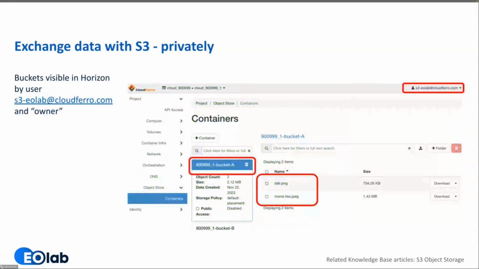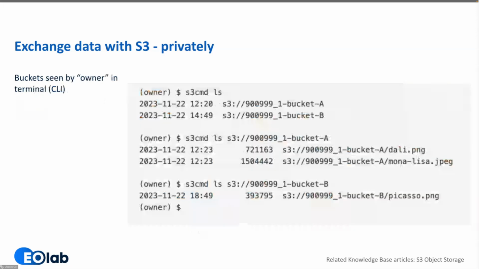And coming back to the main dashboard of Horizon, you can see that in bucket A, there are two files, Dali PNG and Mona Lisa JPEG. These files are visible by the owner and also by the S3 EOLab Cloudflare.com user, because they are in fact the same user, just having various ways of logging in.